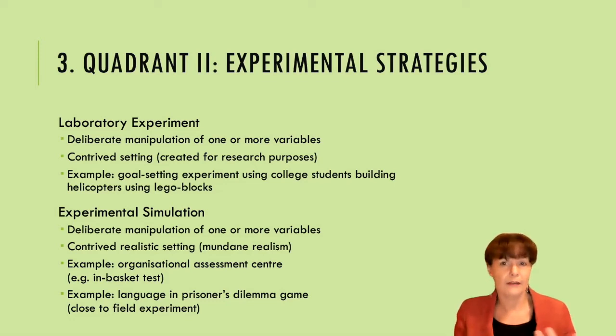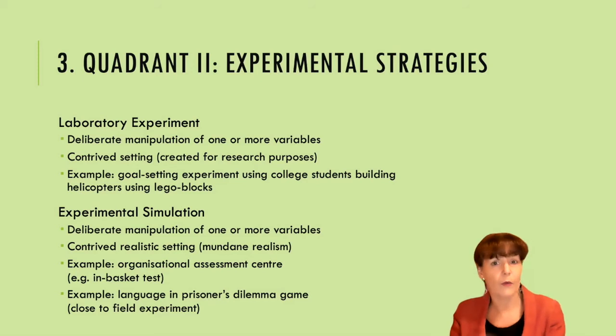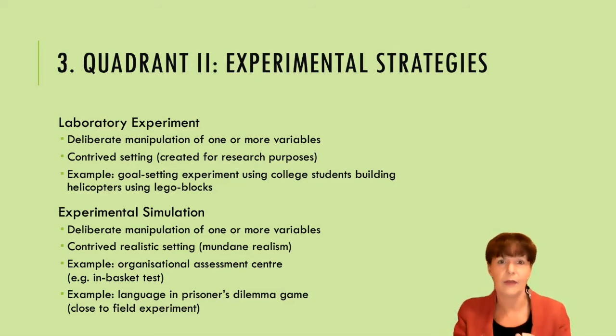So this experiment could ask students to build, say, helicopters with Lego, and say, well, you can have one group where they participate in a goal setting, and they indicate how many helicopters they want to build. The other group will not participate in the goal setting, and the experimenter will just give them a goal to work towards.